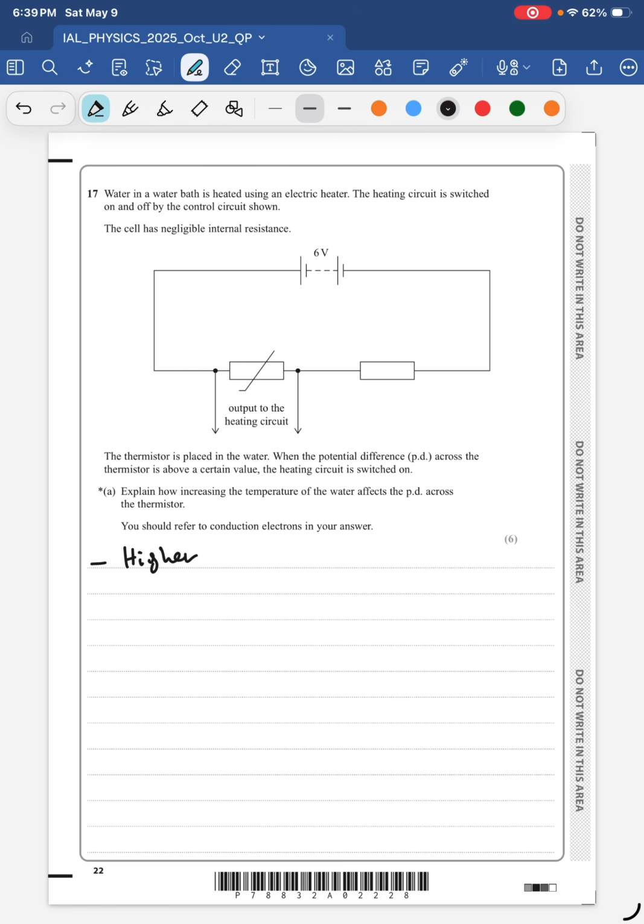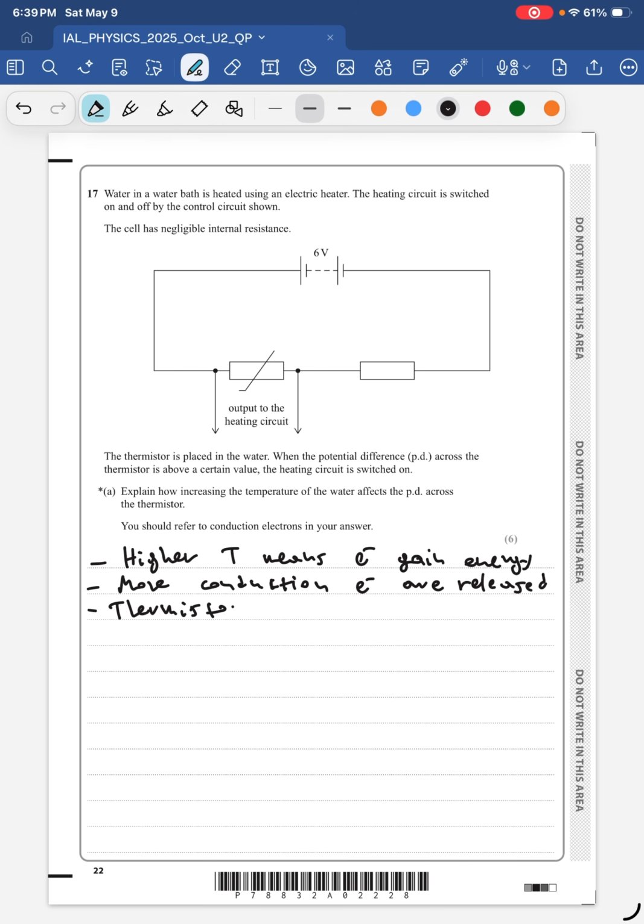Higher temperature means electrons gain energy. Okay, so that's the first thing we can write. Then this means that more conduction electrons are released, so the thermistor's resistance decreases.